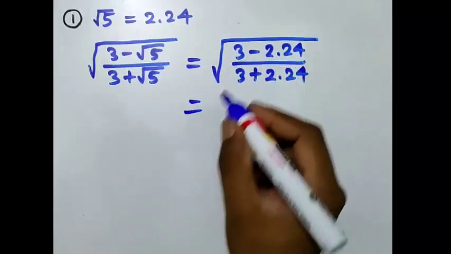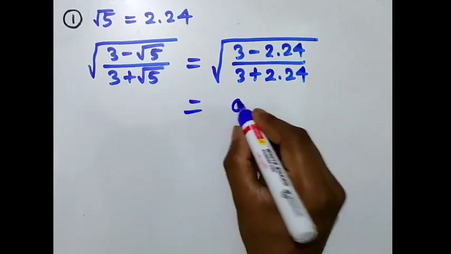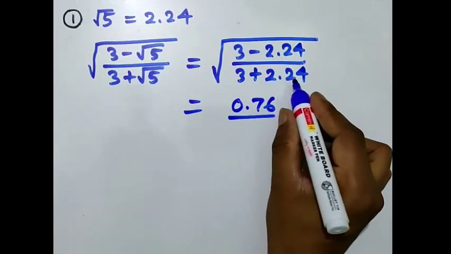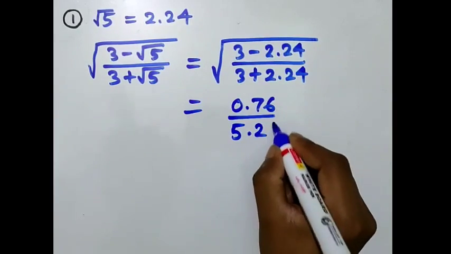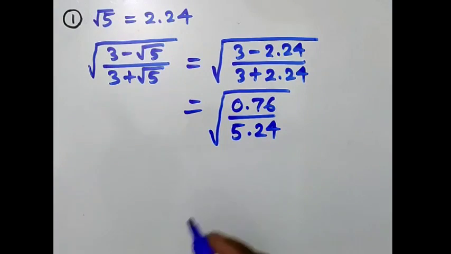Now 3 minus 2.24 will give you 0.76, and 3 plus 2.24 gives us 5.24. So you have to find the square root of this.